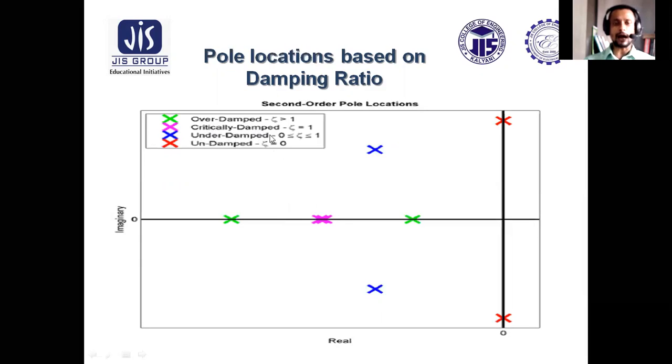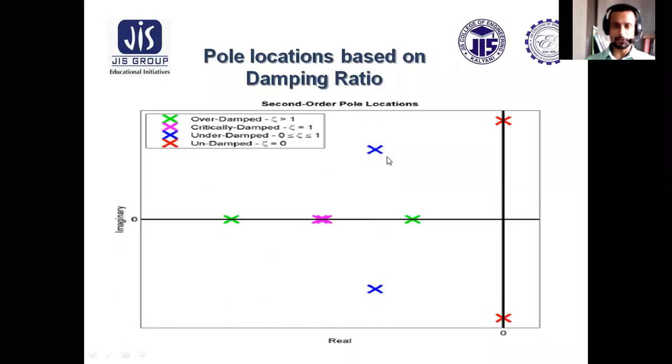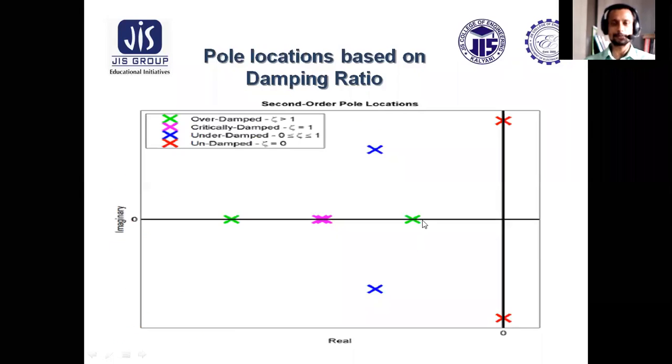Now for an underdamped system, zeta 0 to 1, poles will be complex conjugate pair, having both real and imaginary values. For an undamped system, only the imaginary part will be there, and this is conjugate.